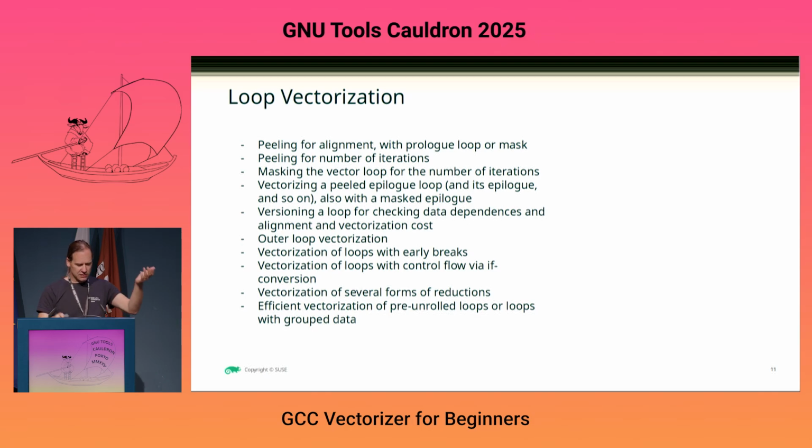Then, for not so long, we can do vectorization of loops with more than one exit, where all but one exit can be non-counted. And of course, we can vectorize loops when there is control flow inside the loop, when we can if-convert that into masking operations.